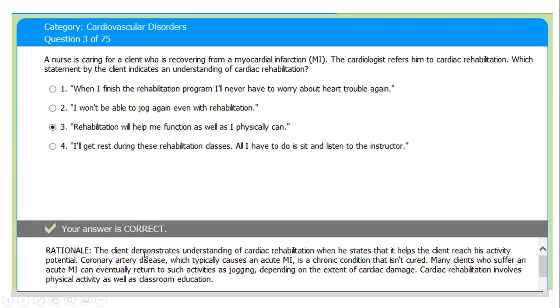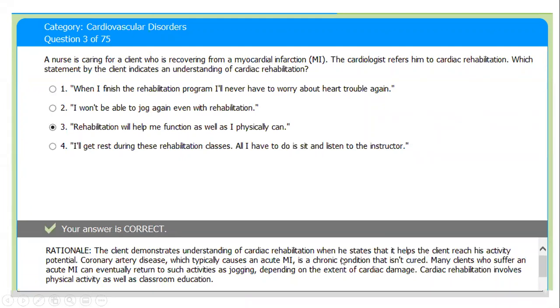Rationale: the client demonstrates understanding of cardiac rehabilitation when he states that it helps the client reach his activity potential. And coronary artery disease, which typically causes acute MI, is a chronic condition that is not cured.